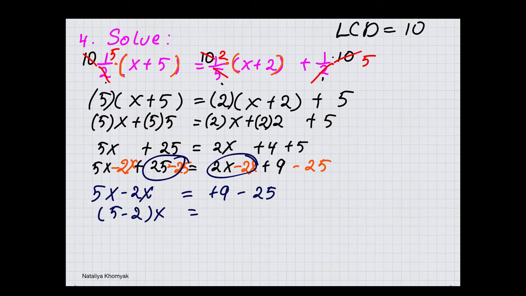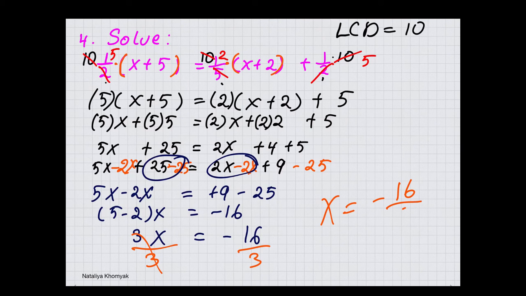Difference would be 16, and we had more negatives, so it's negative 16. Difference between 5 and 2 is 3x equals to negative 16 out of 3 out of 3. So x is equal to negative 16 out of 3. And this is our answer. That's all.